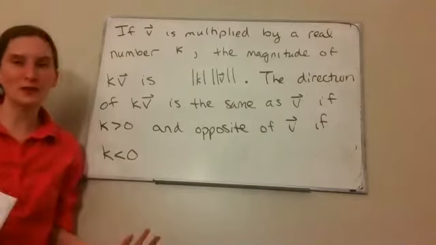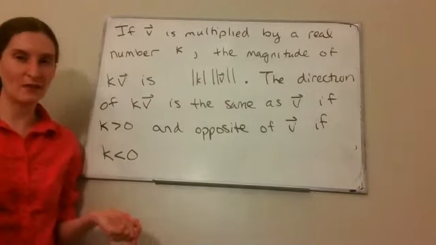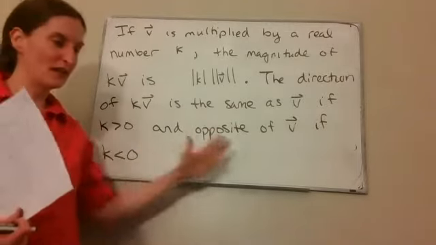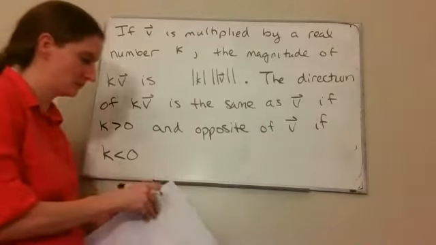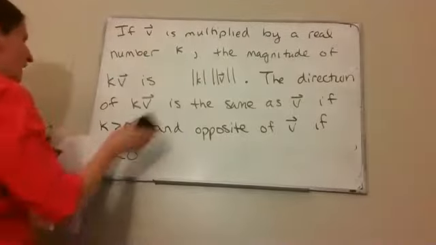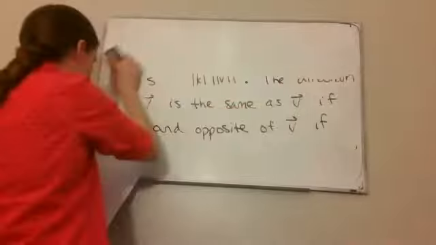So you can think of multiplying by a constant as just lengthening or shortening the vector by a certain factor. But the direction will either stay the same or flip the other direction if you have a negative value. So this kv is called a scalar multiple of the vector v.